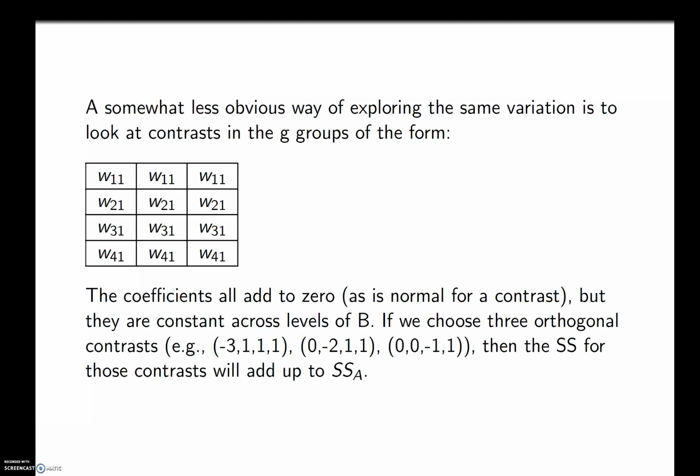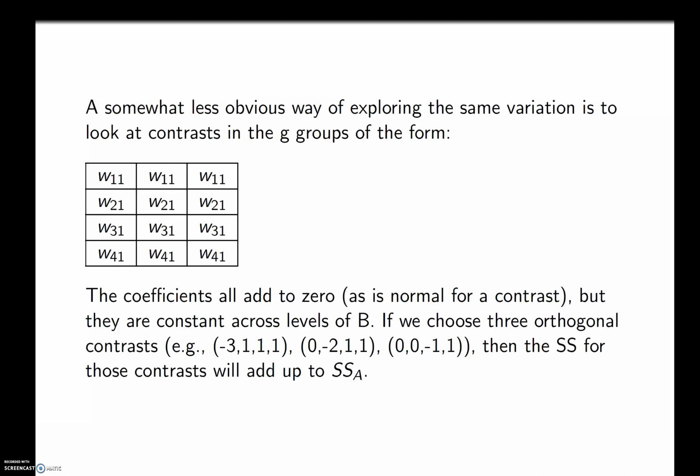But they could be constant across a particular main effect. So for example, we could choose 3 orthogonal contrasts. Think about 3, negative 3, 1, 1, 1, 0, negative 2, 1, 1, and 0, 0, negative 1, 1. Then the sum of squares for this contrast would add up to the sum of squares for factor A.